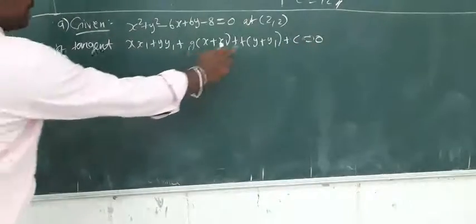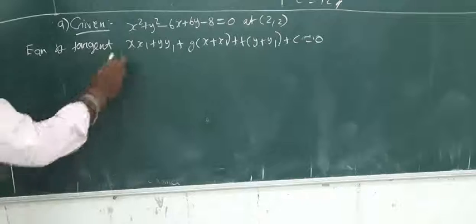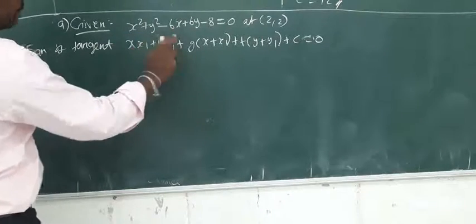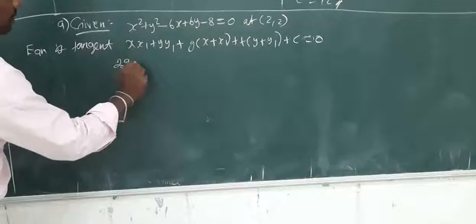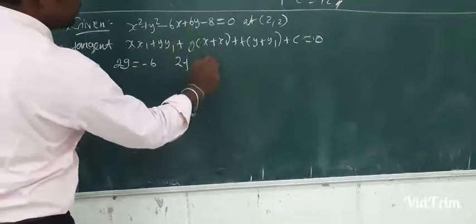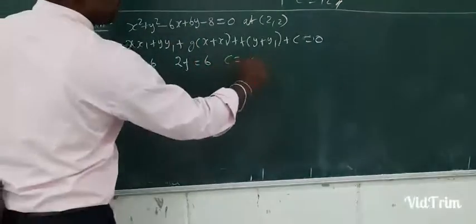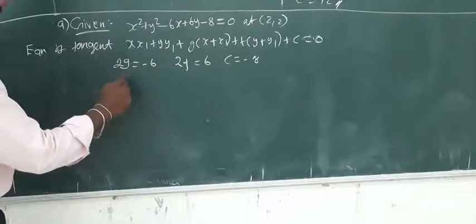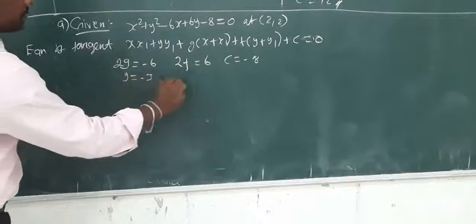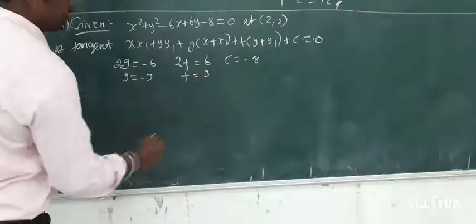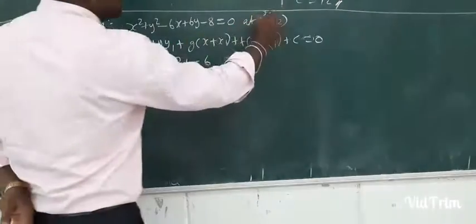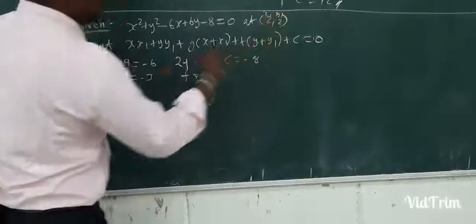Then we need g and f from the given equation. According to the problem, we compare x square plus y square and 2gx, that is 2g is equal to minus 6 and 2f is equal to 6, then c is equal to minus 8. Here 2g is minus 6, so g value is minus 3, f value is plus 3. Then we substitute here, x1 value is 2 and y1 value also 2.